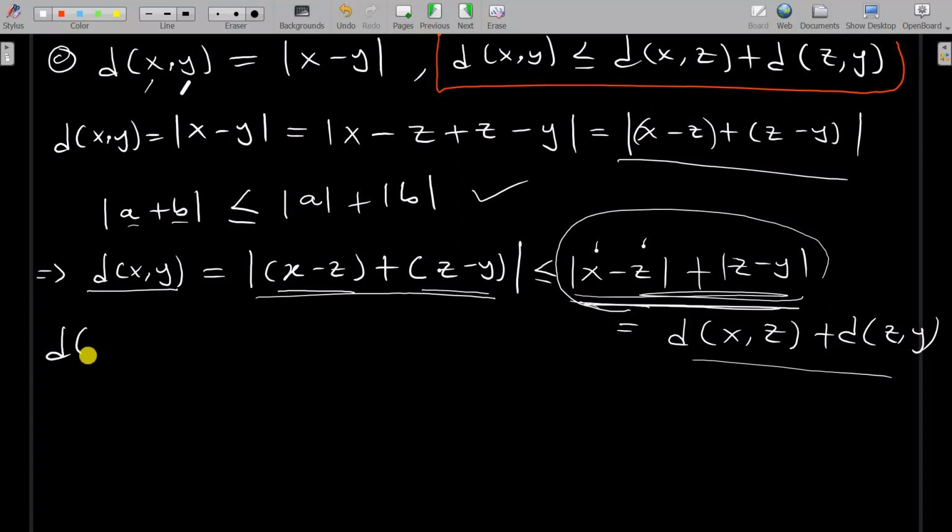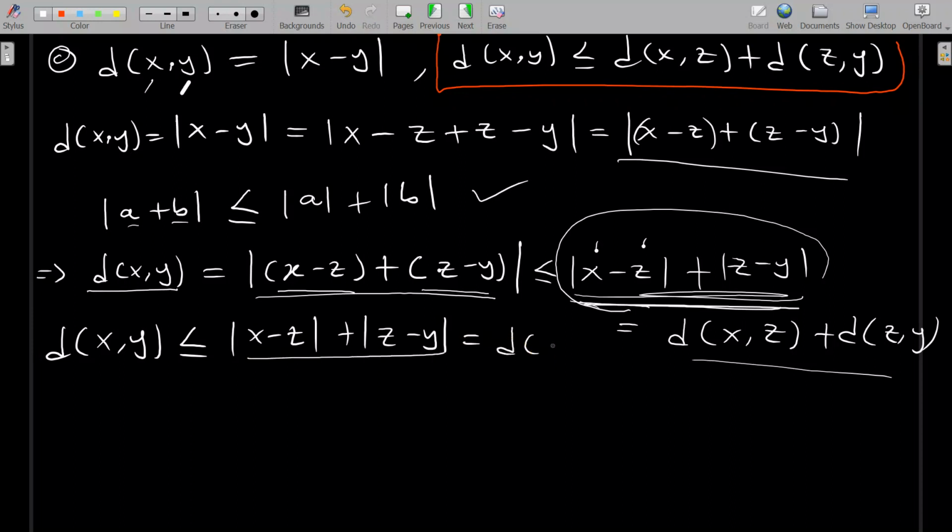So this is what we've gotten. This is less than or equal to absolute of x minus z plus absolute of z minus y, which is equal to d of x comma z plus d of z comma y.